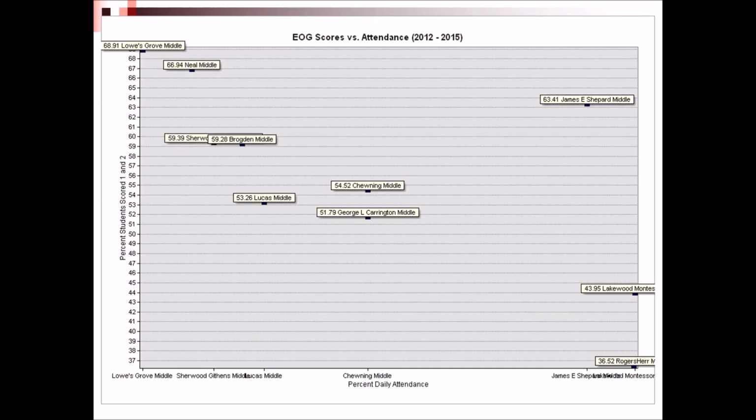That makes sense, right? Except for this one here, meaning that it had high attendance, but still a high number of people didn't pass.